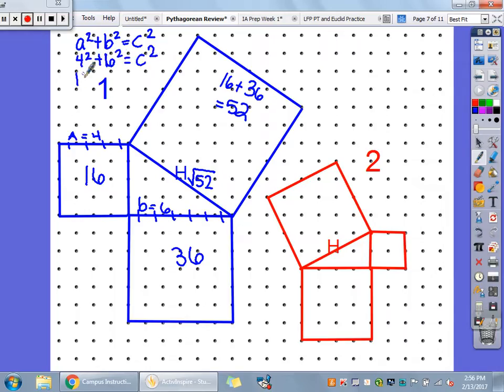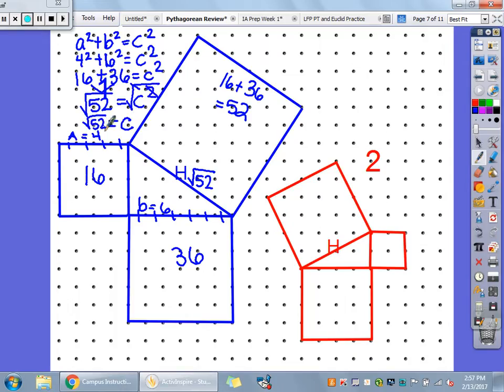So 4 squared is 16, 6 squared is 36, and this side, remember, stays c squared. So when we add these two together, we get 52 is equal to c squared. And then the last step of the Pythagorean theorem every single time is to take the square root of each side. And so then we get c is equal to the square root of 52.